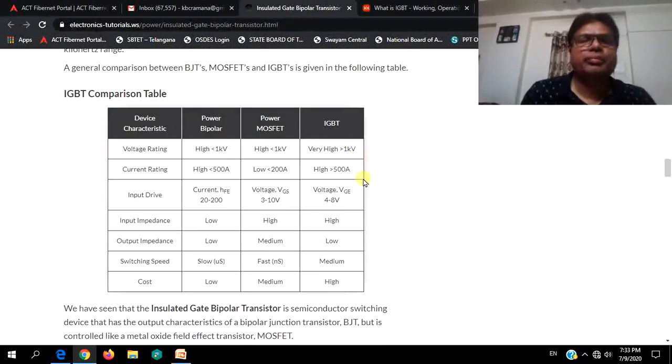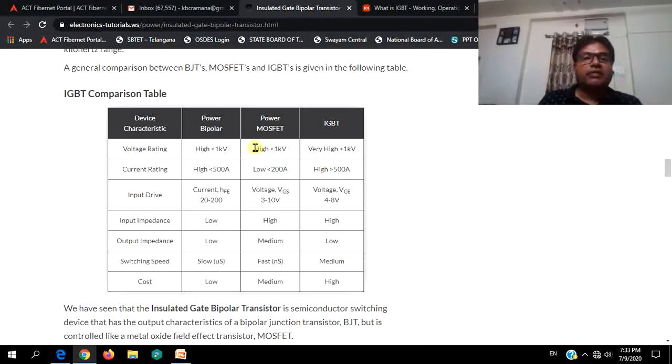When we make a comparison between power bipolar, power MOSFET and IGBT, see, the voltage rating of a power bipolar or power BJT can be up to or less than 1 kV, similarly for MOSFET, but IGBT can be used for more than 1 kV also. Current rating is just less than 500 amps for BJT, and MOSFETs can be used for low current ratings, but IGBT can be used for more than 500 amps.